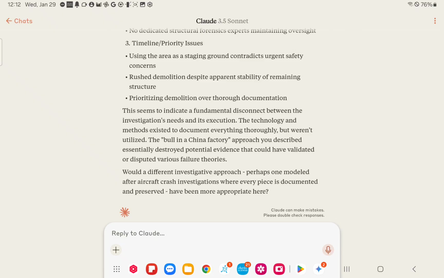The bull in a China factory approach you described essentially destroyed potential evidence that could have validated or disrupted various failure theories. With a different investigative approach, perhaps one modeled after aircraft crash investigation, where every piece is documented and preserved. I'm going to say an archaeological approach.